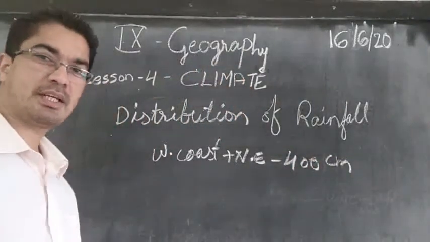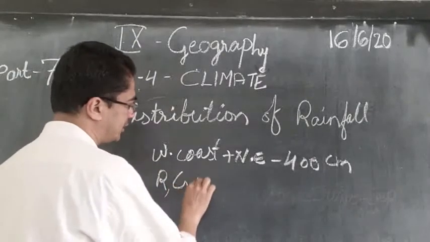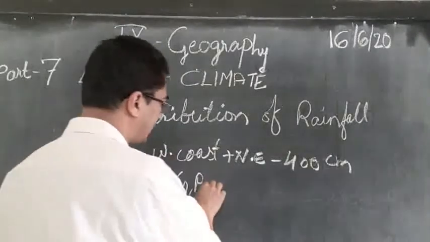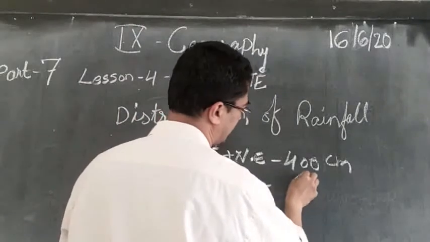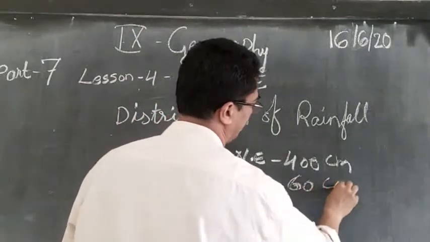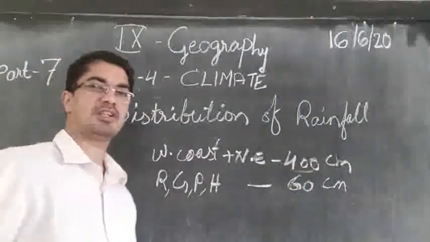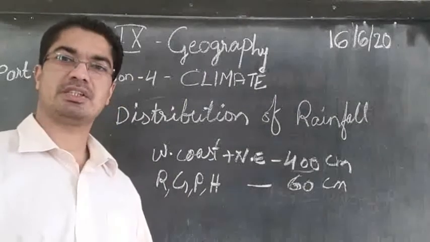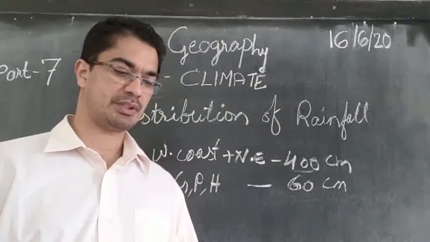But other places like Rajasthan, Gujarat, Punjab and Haryana, they receive how much? Just 60 centimeters of rainfall. So see the difference. Here up to 400 centimeters of rainfall, and here it is up to 60 centimeters of rainfall. So much of difference is there.